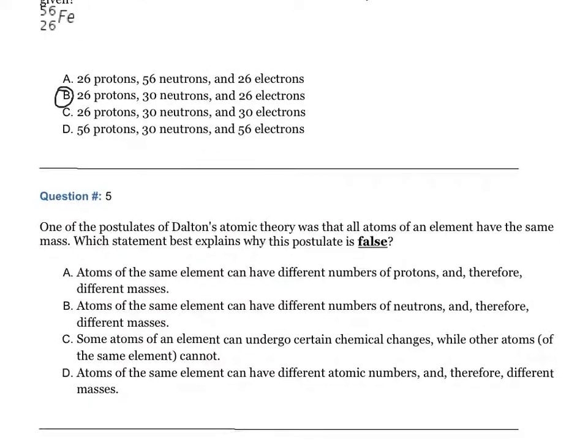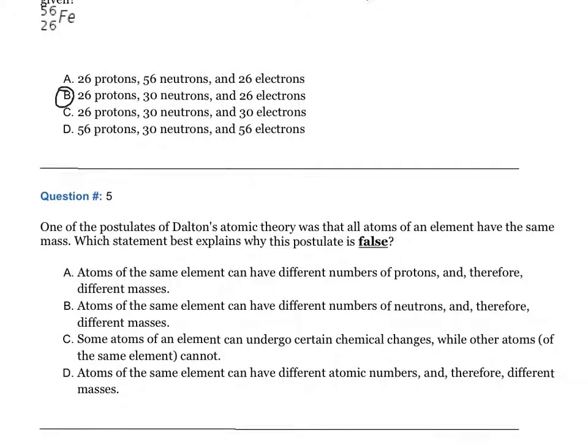Question number 5. One of the postulates of Dalton's atomic theory was that all atoms of an element had the same mass. Which statement best explains why this postulate is false?